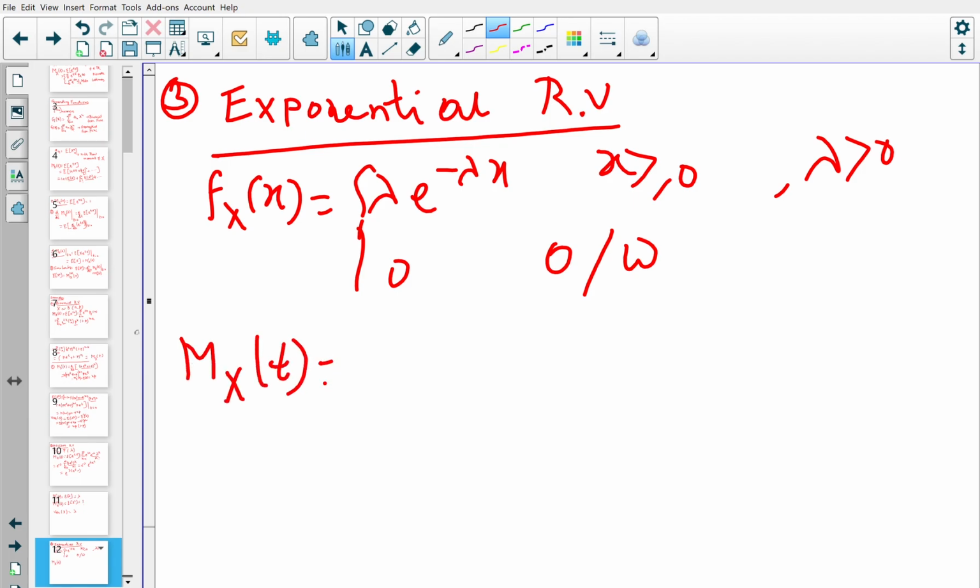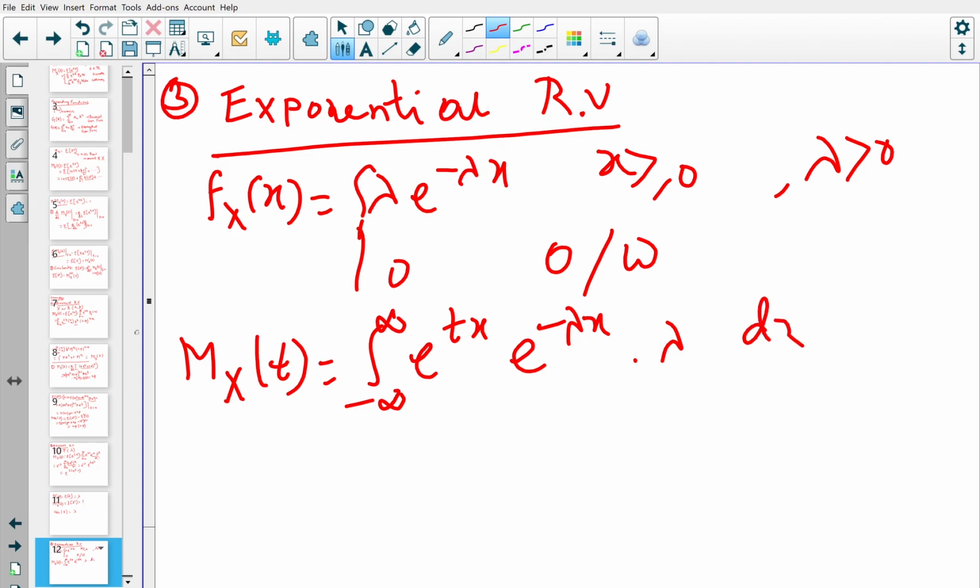Okay, so how to find the moment generating function in this case? In this case the integral is from minus infinity to plus infinity, but obviously from minus infinity to 0 it is 0, so I will come back to that. So e power tx, e power minus lambda x into lambda, and then dx.